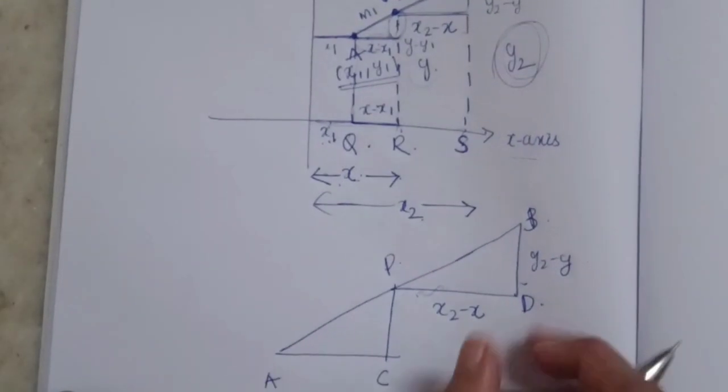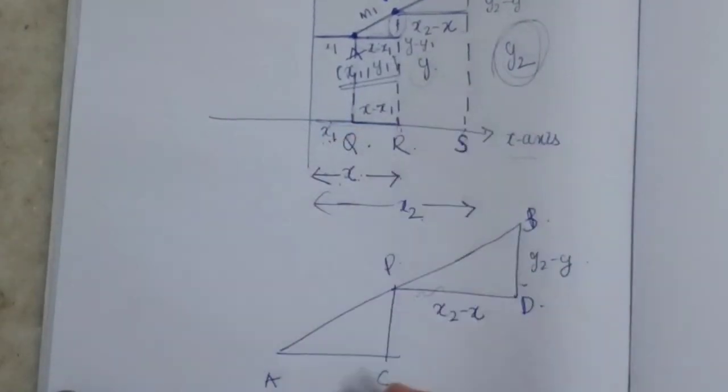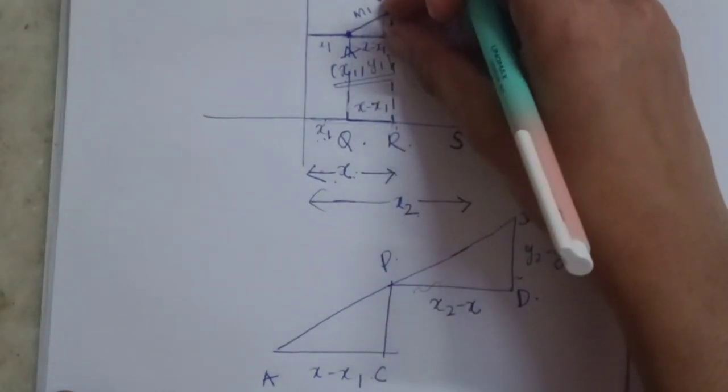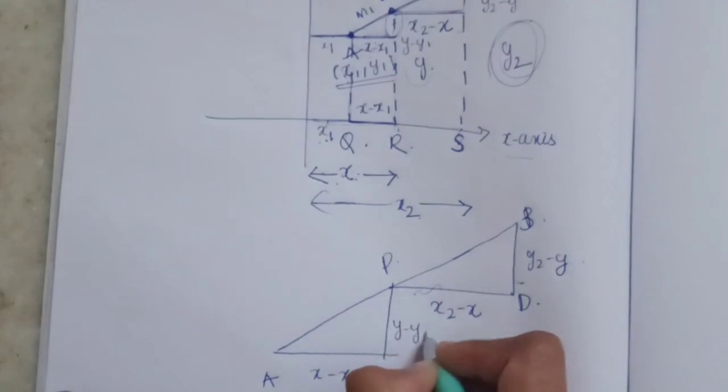Now this length is x minus x1, and this length is y minus y1.